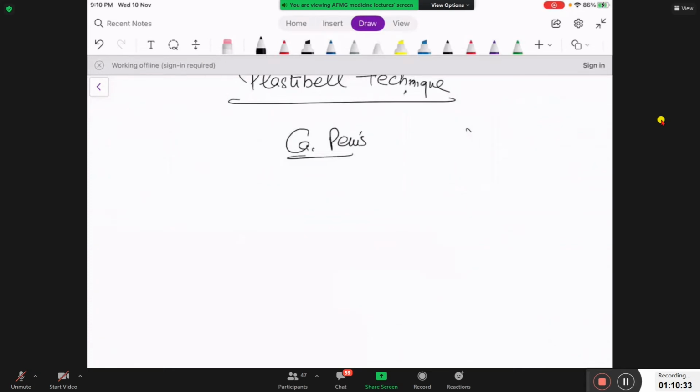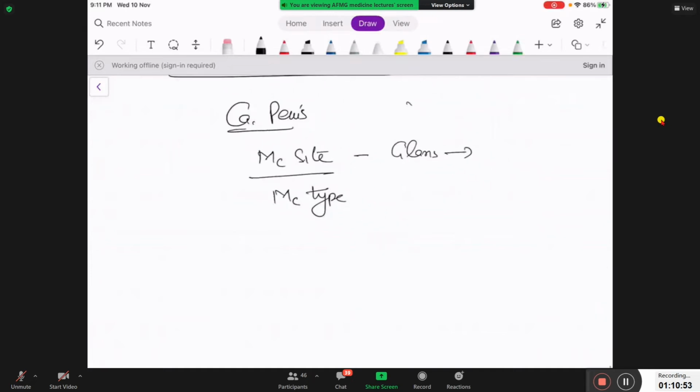Carcinoma penis. Most common site, most common type. Most common site of carcinoma penis is glans followed by prepuce.